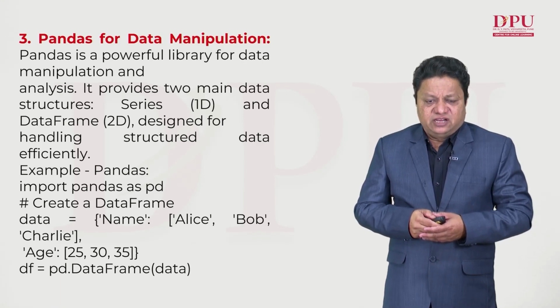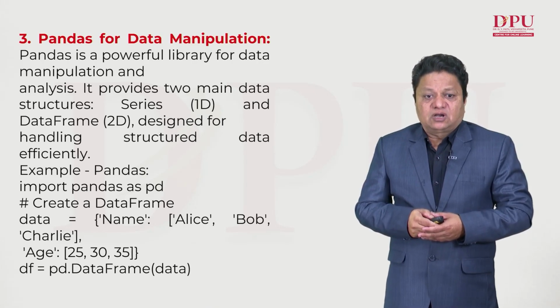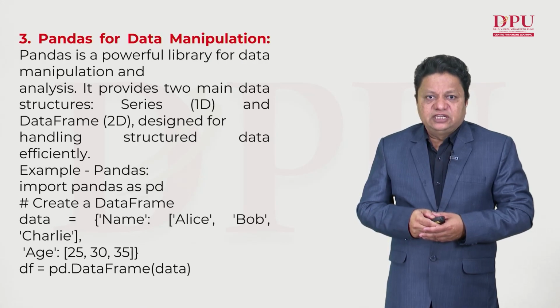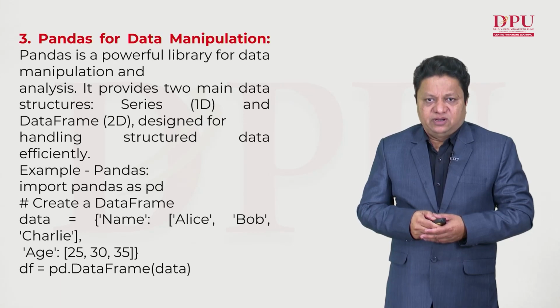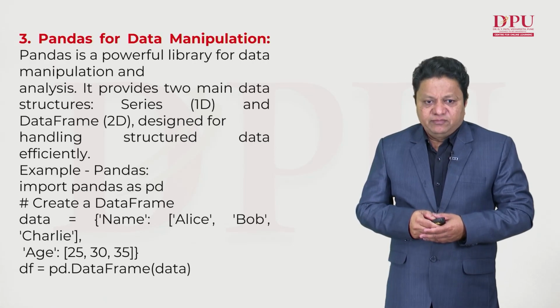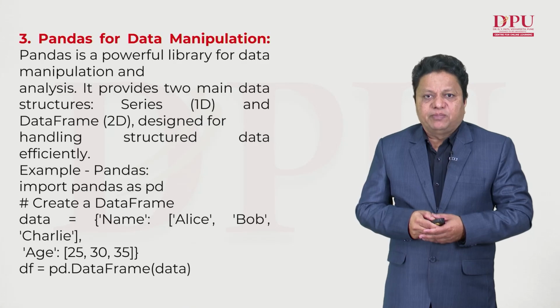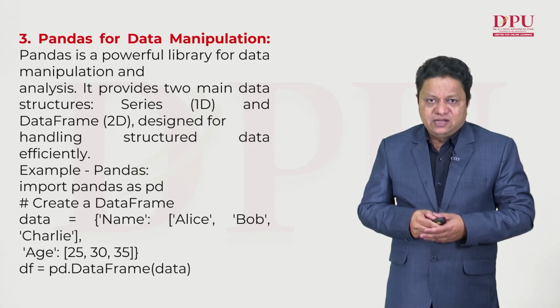After that, from this dictionary I want to create a data frame, meaning I want to transform that dictionary into a two dimensional array, into a table of rows and columns. So, how to create that? To convert the dictionary into a data frame, we need to call the DataFrame method of the pandas library, like pd.DataFrame.